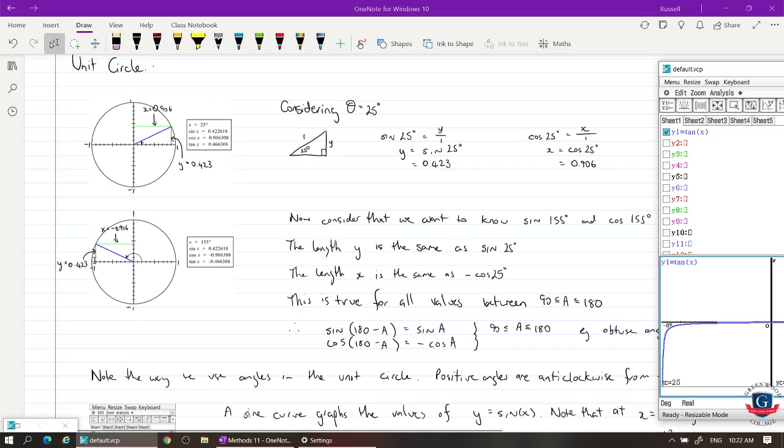So the length of x here is going to be negative of what cos 25 was. This property is true for all values between 90 and 180. So sine of the obtuse angle is equal to sine of 180 take the acute angle. For cos, it's the negative of the acute angle's cosine value that gives the cosine value for the obtuse angle.